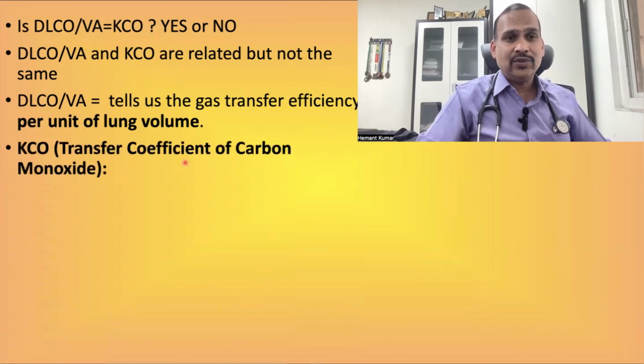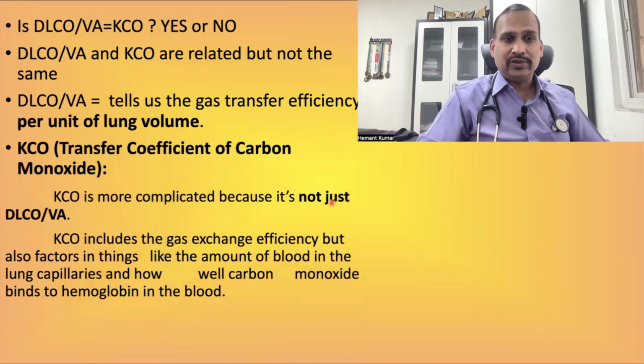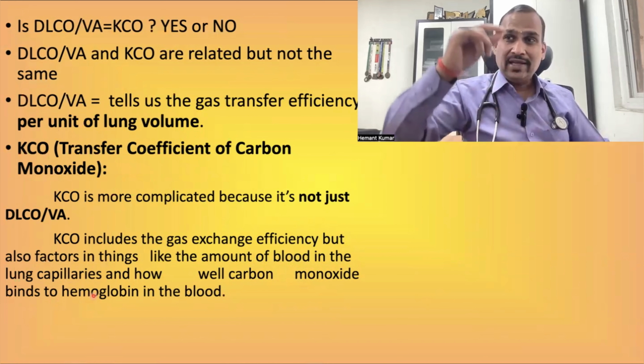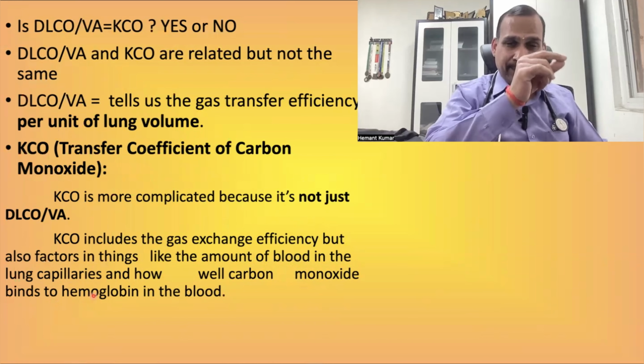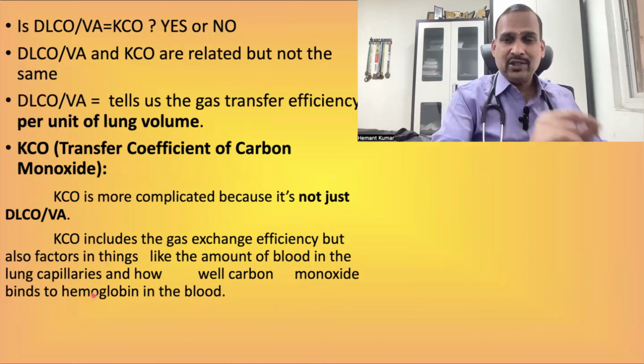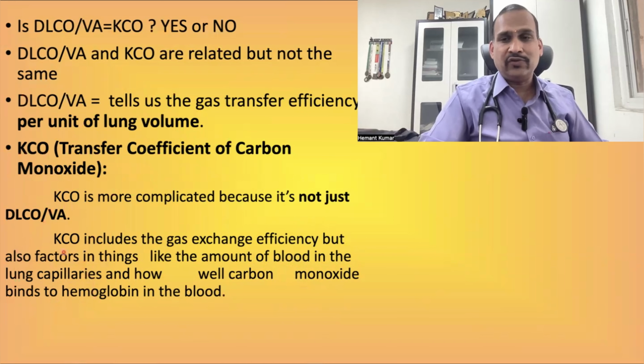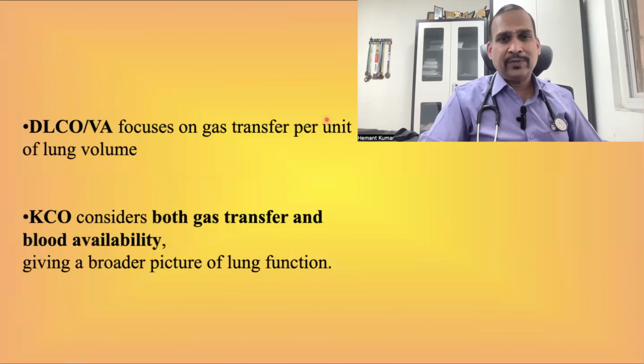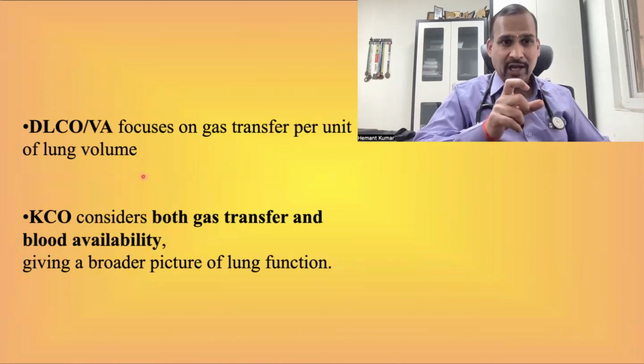While KCO includes both: not only gas efficiency from the alveolo-capillary membrane, but also measures the amount of blood in the lung capillaries and the amount of hemoglobin. So KCO depends on gas exchange, blood and hemoglobin. So KCO is not equal to DLCO upon VA. Both are related, but not equal. This is a commonly asked question. DLCO upon VA is focused on gas transfer per unit of lung volume. In one unit of lung, how much transfer is there?